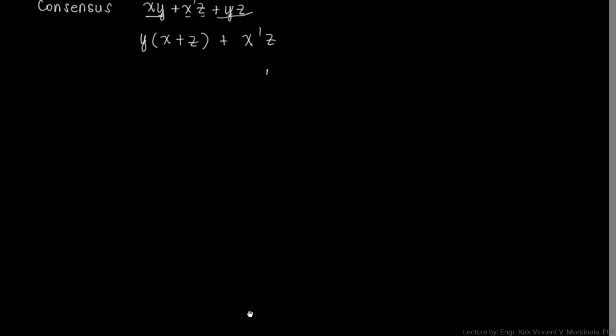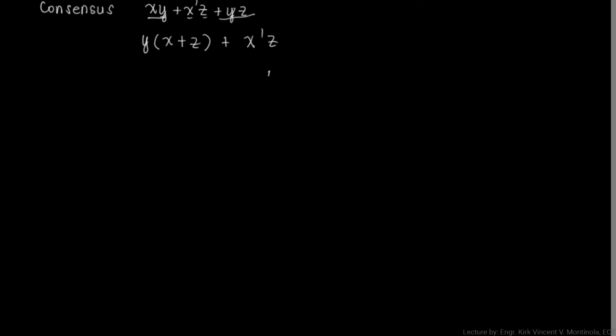Okay, let's bring it down. On this expansion, we cannot simplify this one easily without changing it in terms of x also. So we try to write xy plus x prime z plus yz.